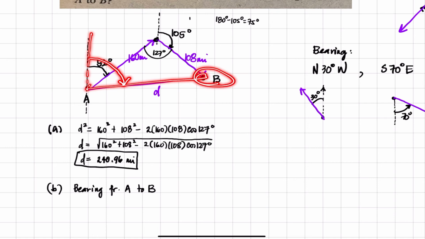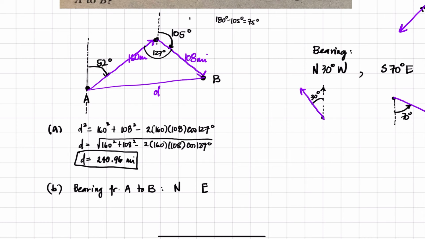Para makapunta kay B. So, ang bearing niya ay north, tapos mag-i-east ka. Ang tinatanong, ano yung angle na yon? Ano yung angle from here to here? Kasi north ka muna, tapos mag-i-east ka. Ayan. Okay?